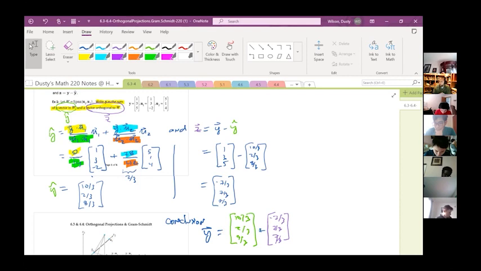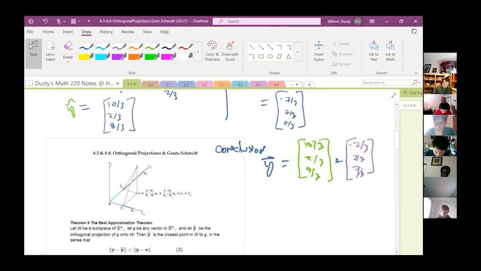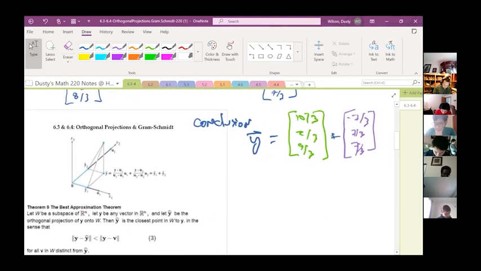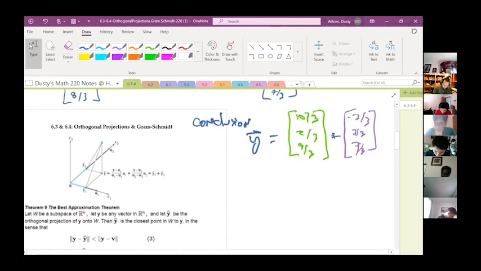So let's remind ourselves of what this means in picture form. So in this picture, our y vector would be right here.